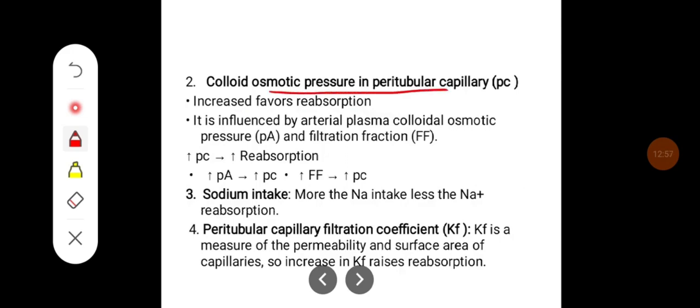The colloidal osmotic pressure in the peritubular capillary, increased pressure favors the reabsorption, and it is influenced by arterial plasma colloidal osmotic pressure and filtration fraction. If the colloidal osmotic pressure increases, there will be increase in the reabsorption.